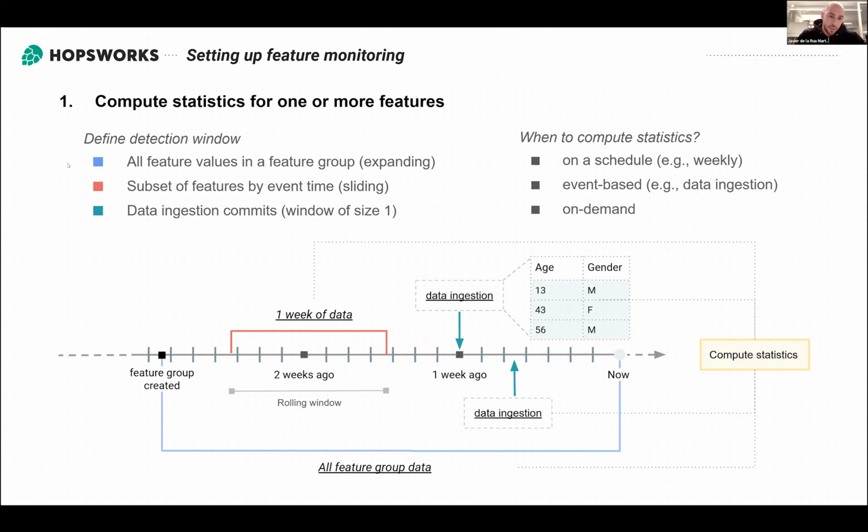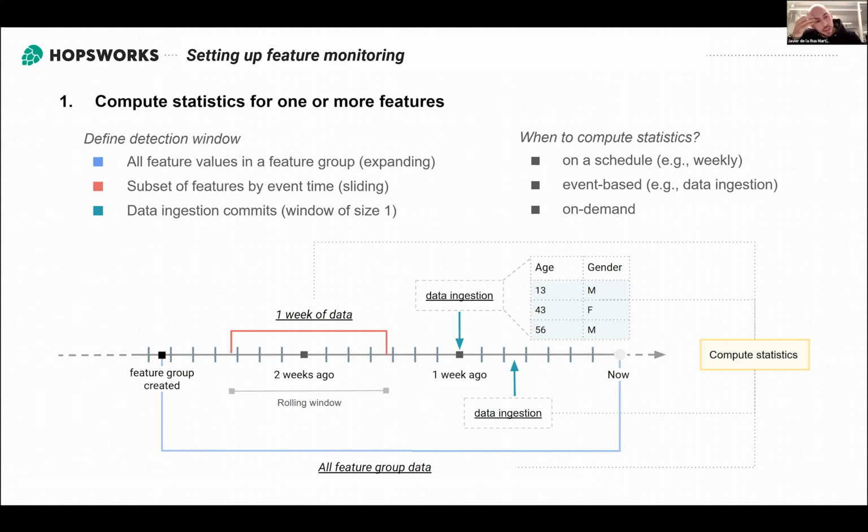Then we see with red color a sliding window. You can specify, for example, that you just want to compute the statistics on the feature data that was ingested the last week. So from today, when the monitoring is happening, you want to take 1 week ago of feature data, compute the statistics on it, and analyze it.